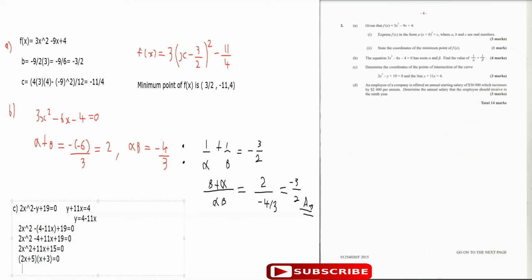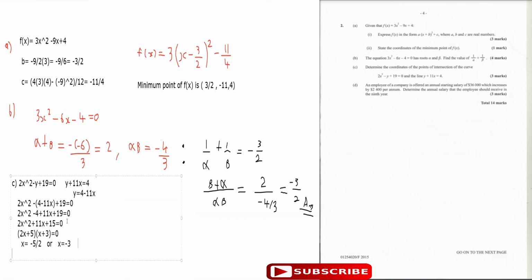And so what we're getting then is x is equal to minus 5 over 2, or x is equal to negative 3. So now that we know what x is, we can also find y. It's very easy to find y now, because we already know what x is.